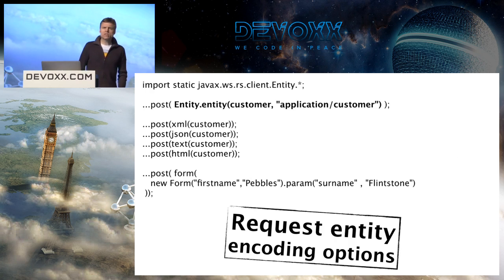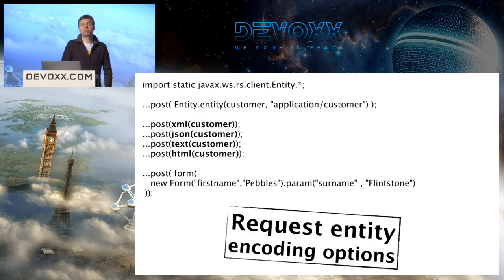Now, within the entity class, there's also support for the provided JAXB message body readers and message body writers, and this is here the XML, JSON, text, and HTML entity methods, which you can invoke without explicitly writing, turn this into XML or JSON or whatever.